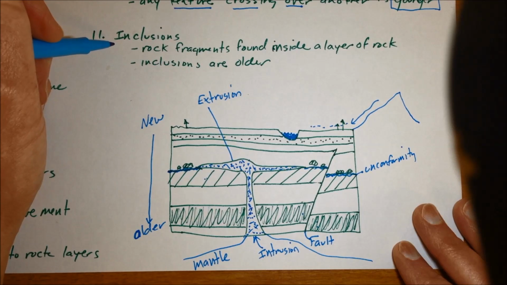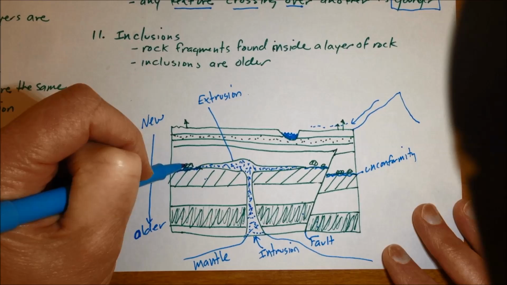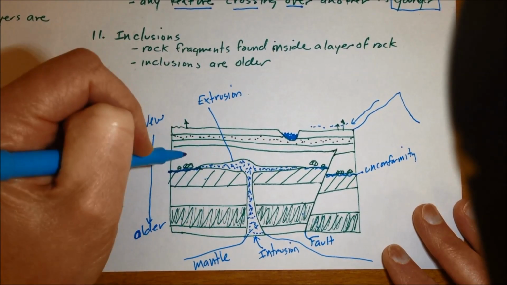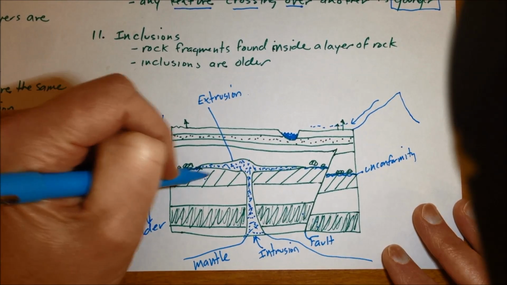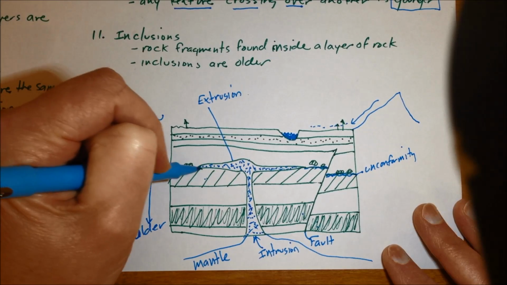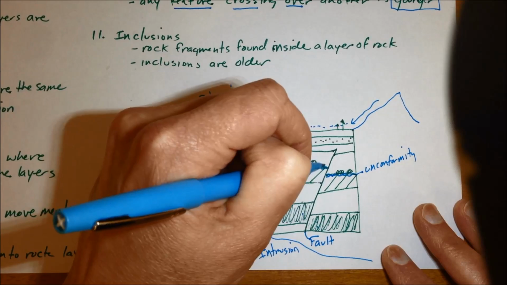Finally, sometimes you see in layers what they call inclusions, and they're little rock fragments, which I tried to draw here, that are part of another layer. So when this crosshatch layer here was at the surface and these other layers didn't exist, it was weathering. That's why I had my little unconformity earlier, and there's some chunks, some rocks that were left on the surface.